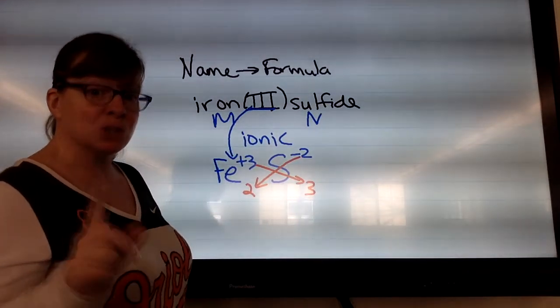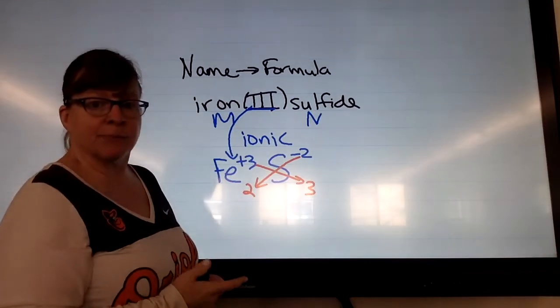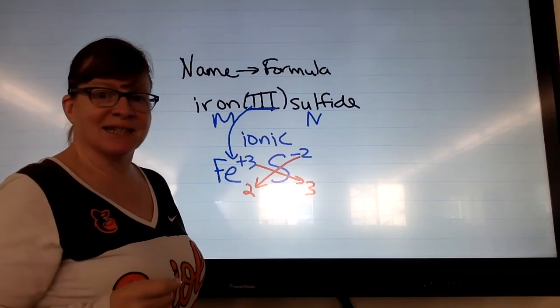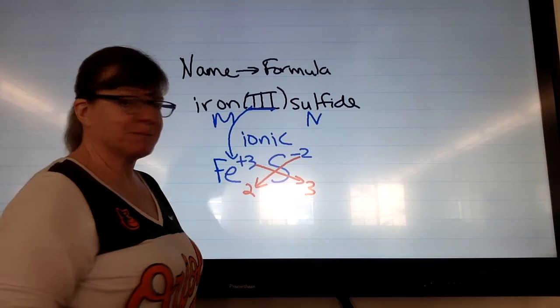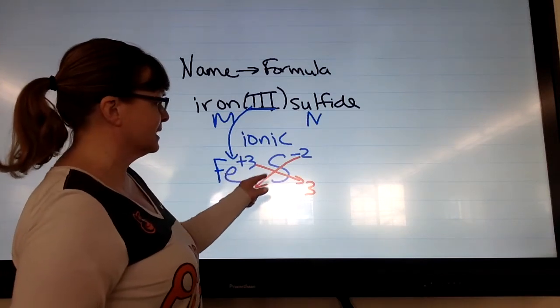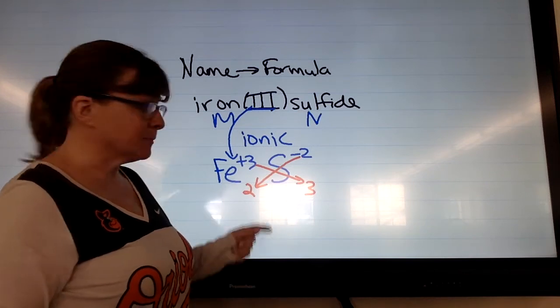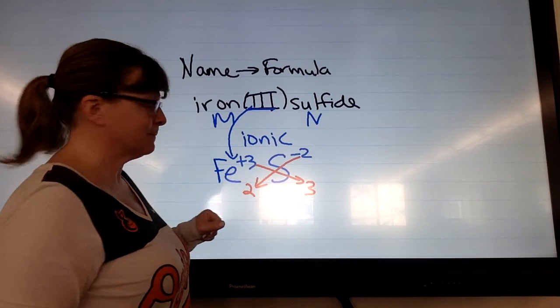Notice how it balances the charges for you. 2 positive 3's, plus 6. 3 negative 2's, minus 6. Using this trick, you can get the charges to balance. It'll add up to 0. Plus 6 minus 6 adds up to 0. Notice it's right, 2 sets multiplying. It's not 5, right? 2 sets of 3.